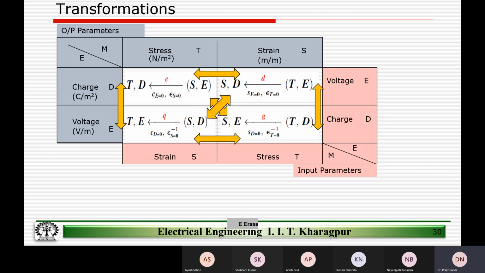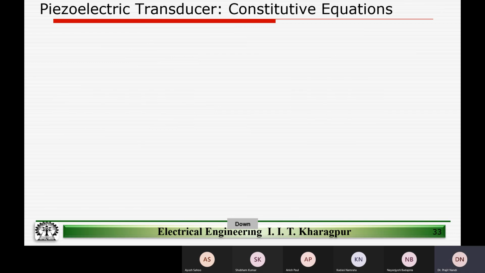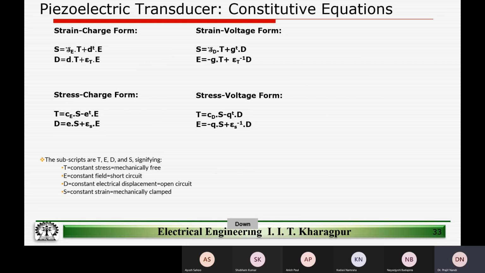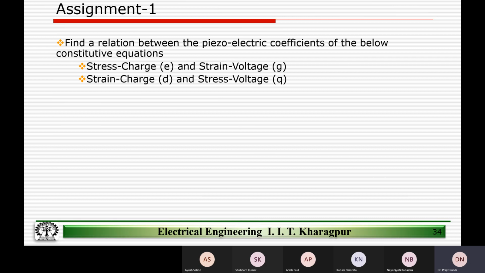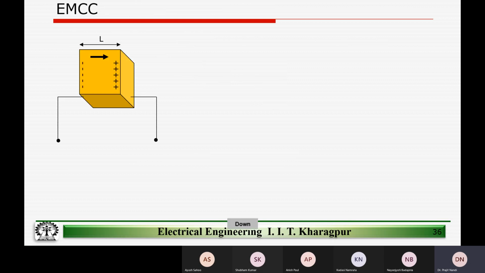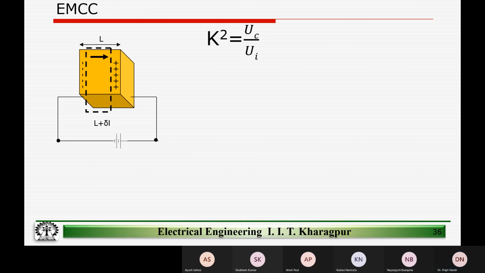Okay, so now I think we should do a little bit of circuits, and this is what is closest to my heart actually. But so far I had to build a subject so that we can get into the circuits. So yesterday we talked about the figure of merit and how, based on one parameter or some sort of an equation, we can say that this material has a better piezoelectric behavior than the others.